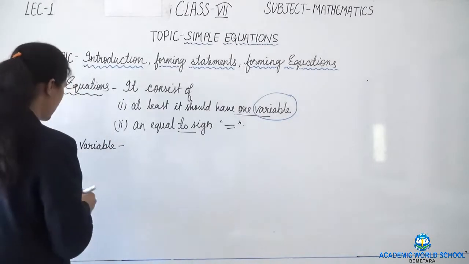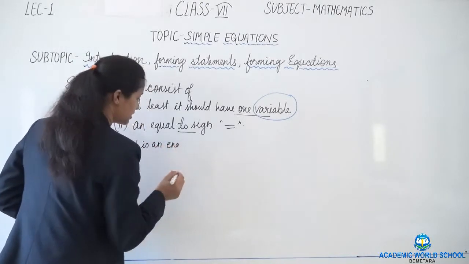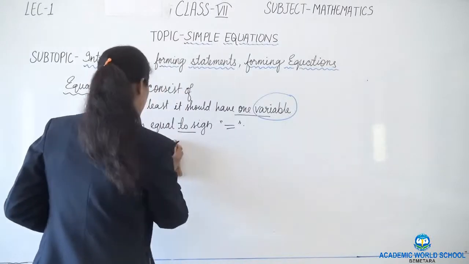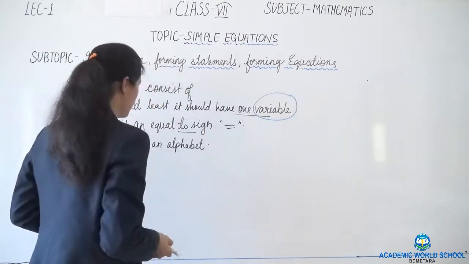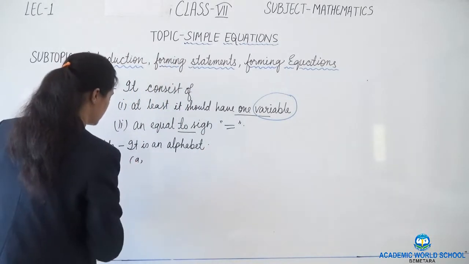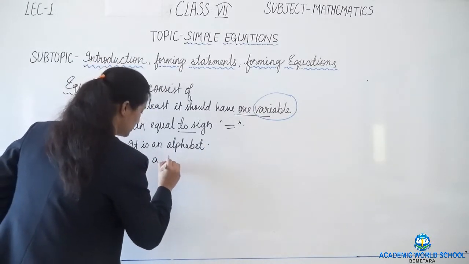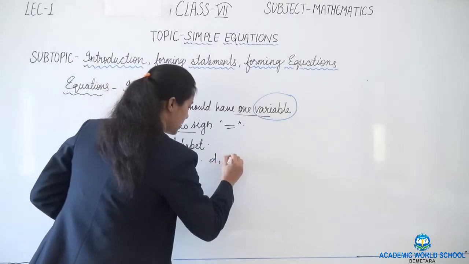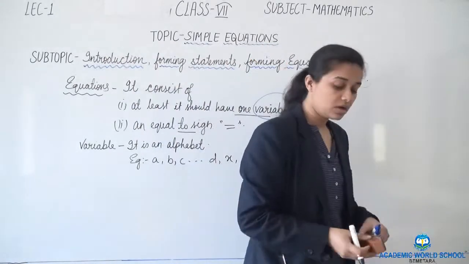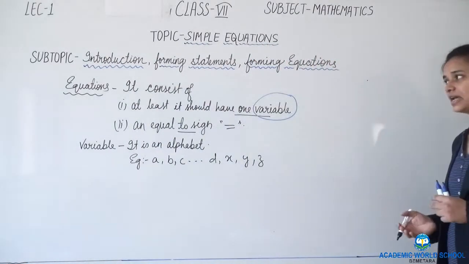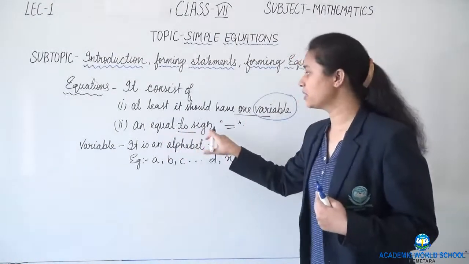Examples: A, B, C, D, X, Y, Z, like this. Anything it can be, okay? So an equation consists of at least one variable and an equal to sign.